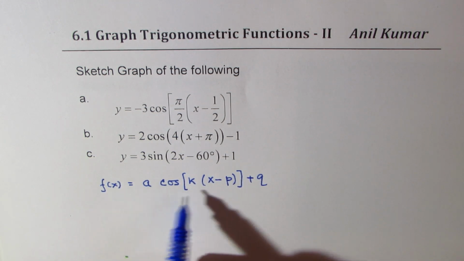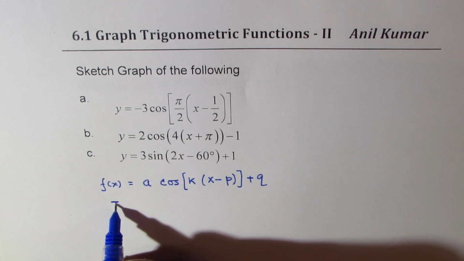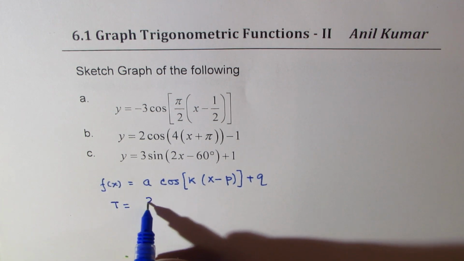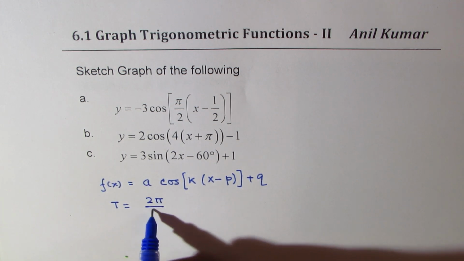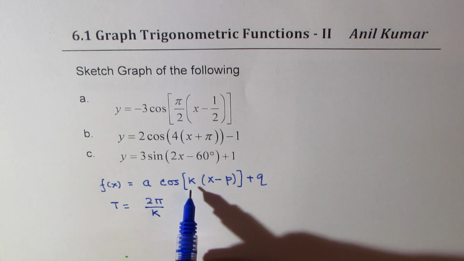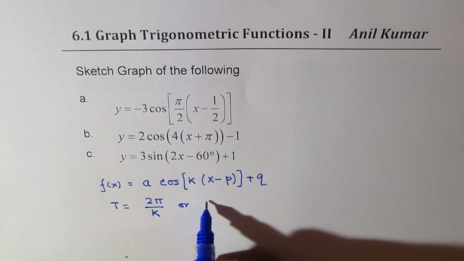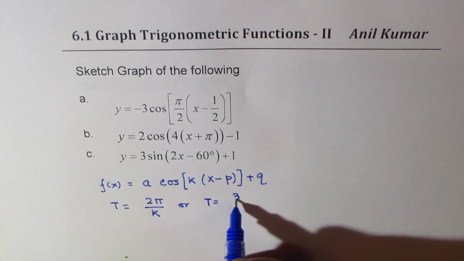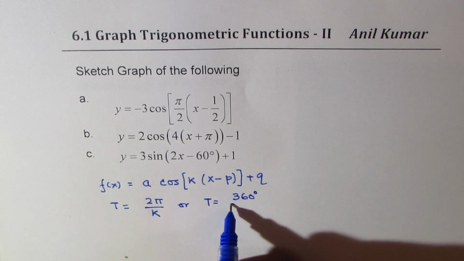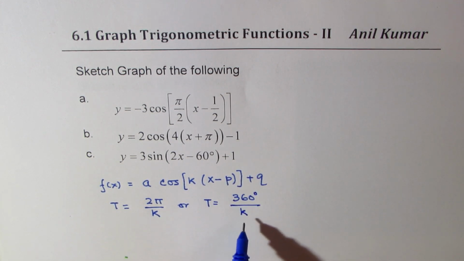For any function, the time period T is defined as 2 pi by k if you are working in radians, or you could write T as 360 degrees by k. So that is one of the very important parameters.